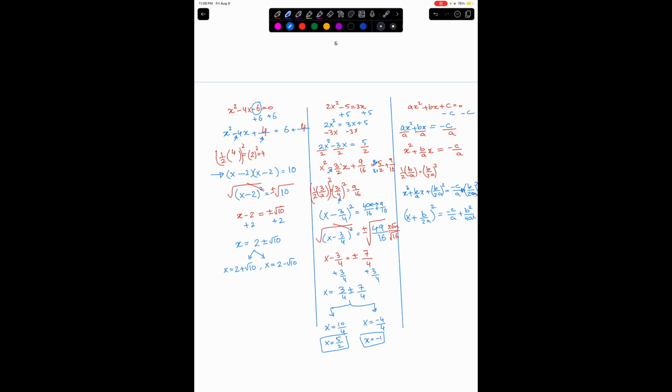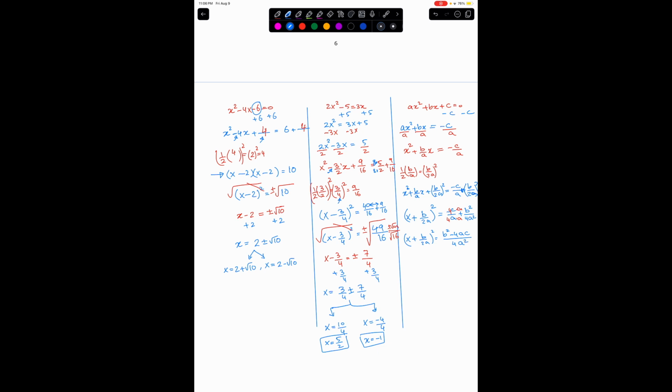So I will make the denominators on the right-hand side the same. So I have to multiply by a here, and I have to multiply by a, and I have to multiply by 4, and I have to multiply by 4. There. So I will get x plus b over 2a all squared equals b squared minus 4ac over 4a squared.